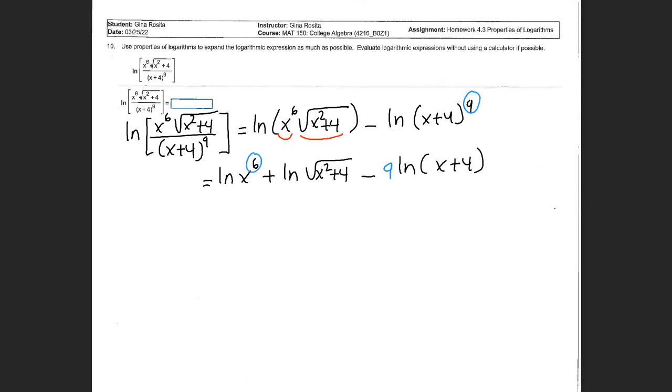So it becomes equal 6 times natural log x plus natural log square root. What do we have to do? Change, yeah. So x squared plus 4 to the half. Okay, so minus 9 natural log x plus 4.